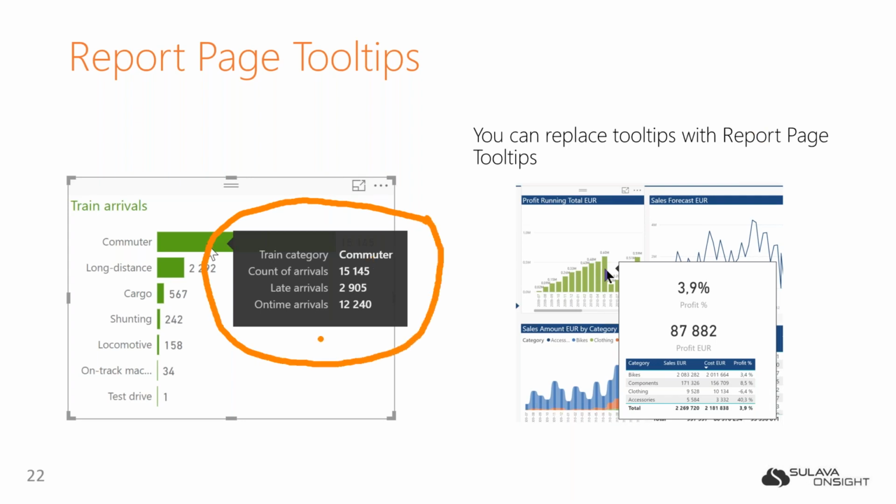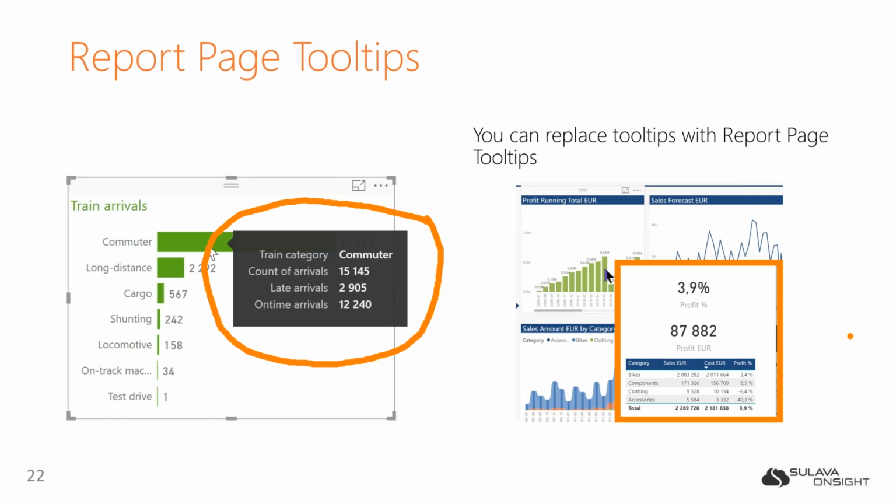This is the default tooltip, or the other option is to build a tiny, small report page, define it as a tooltip, and then connect it into those visuals where you want to show your own pre-made tooltip report page instead of that black tooltip.